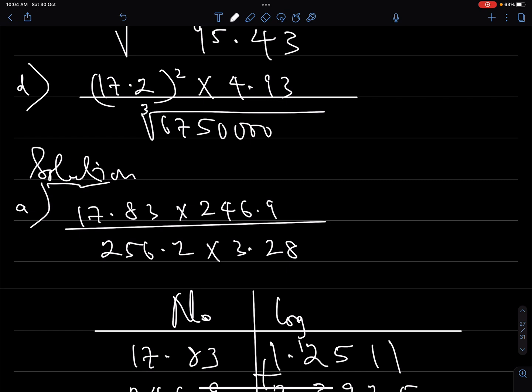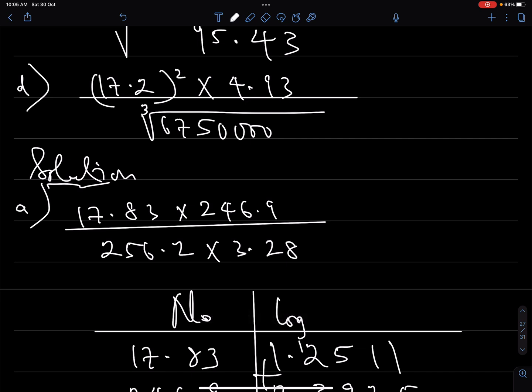I have a question. Let's say you just multiply these two together and you divide it by this; what you get will be totally wrong. If you multiply this by 17.8 and you don't find the anti-log, it won't be correct. You have to complete it if you want the answer to be correct.